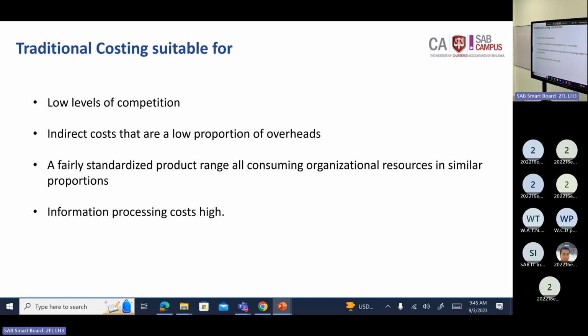Even in the automobile industry, take Toyota. The Toyota Corolla is a standard car, and you produce a large quantity of standard cars. So traditional costing and ABC give equivalent results, with not much difference. But Mercedes has body variations, with the base level customized with 40 options.